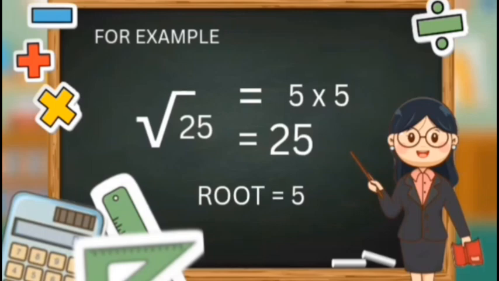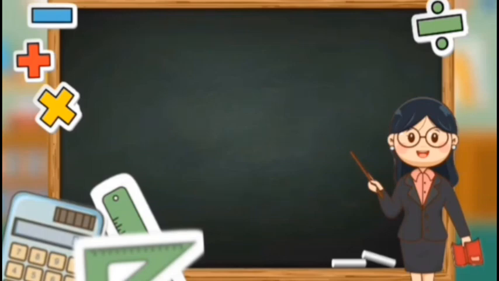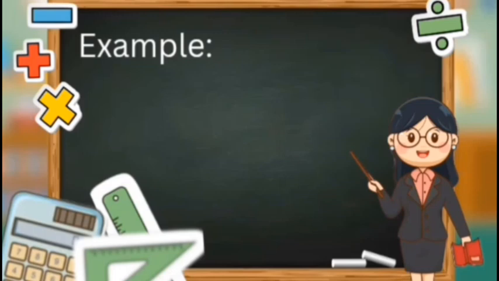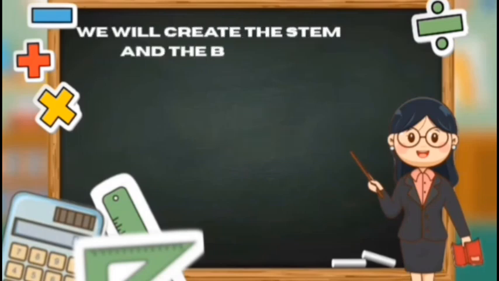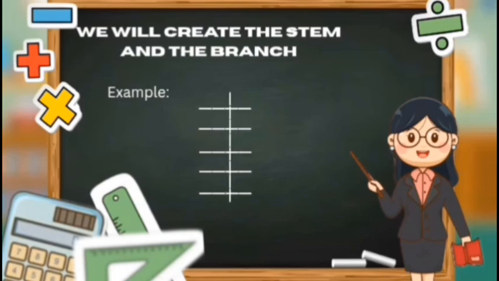But if the number is more than 100, then we will use another method to find the square root of the number. For example, the given is 144, so we will use the other method. We will create the stem and the branch. Then on the right side, we will put the given number, while on the left side, we will put the number we can divide the given by.